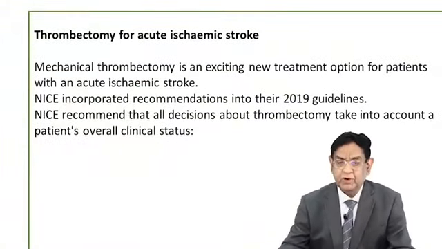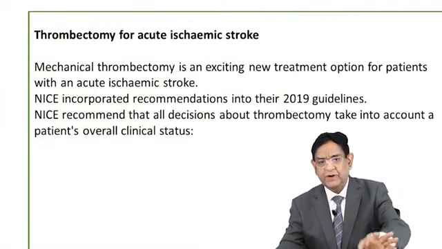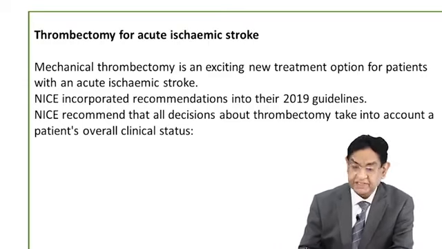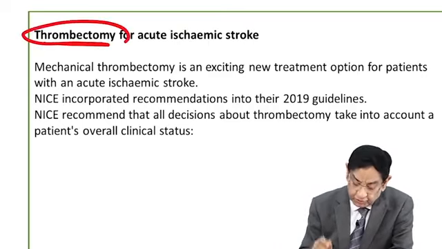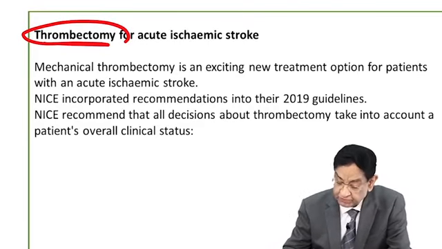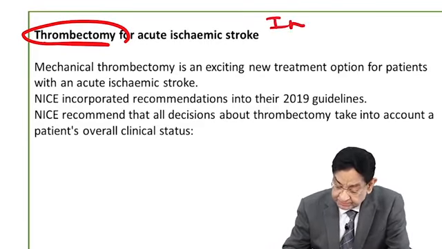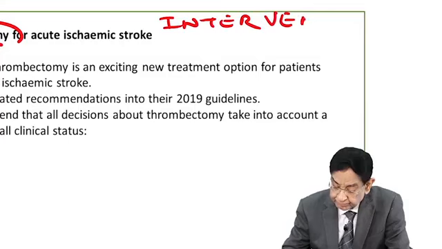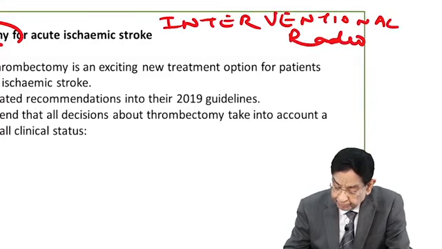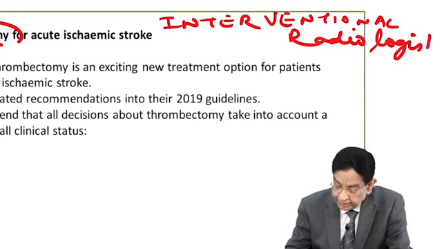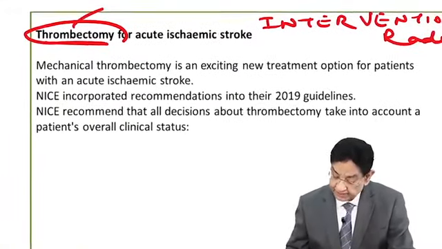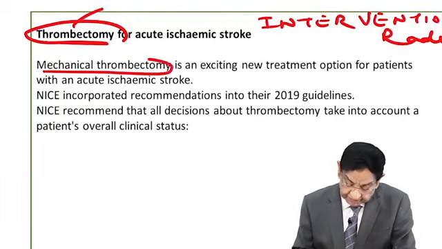Now we talk about thrombolysis. We have to do it within 4.5 hours with no contraindication, as we discussed. Now we have an additional thing, thrombectomy. You refer the patient to an interventional radiologist, and he is going to do thrombectomy, what we call mechanical thrombectomy.